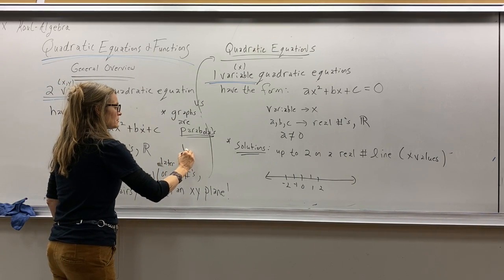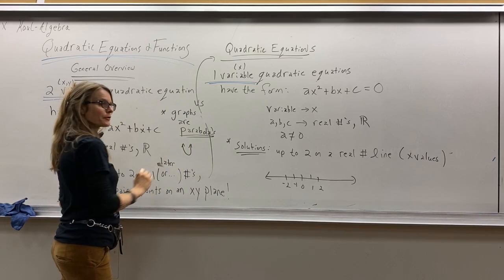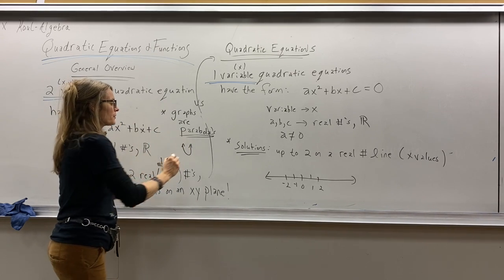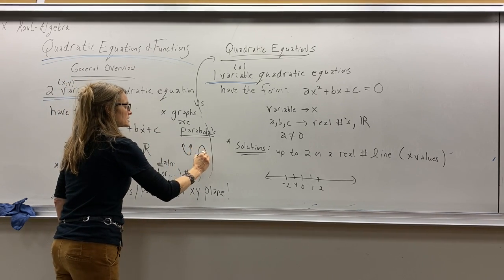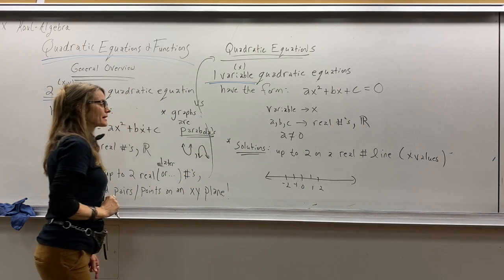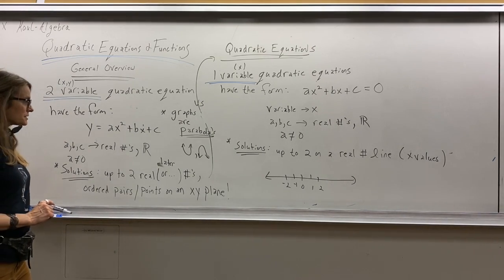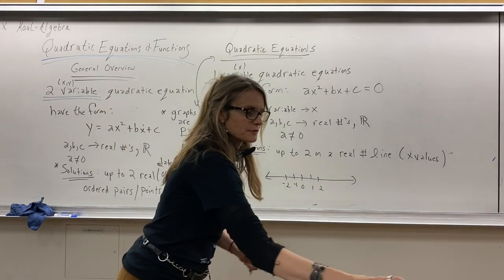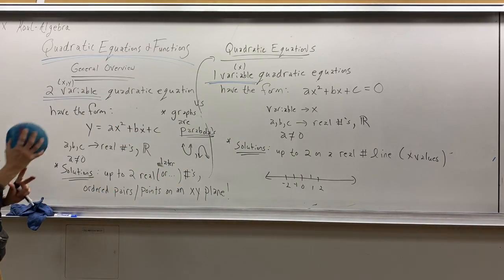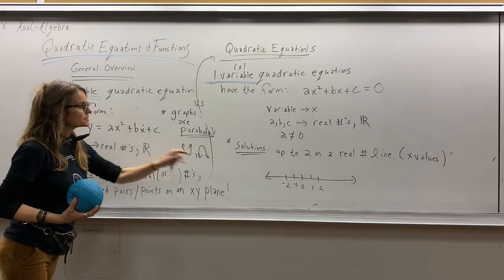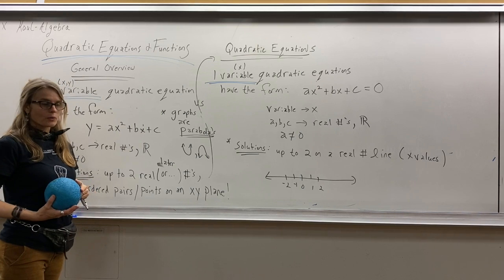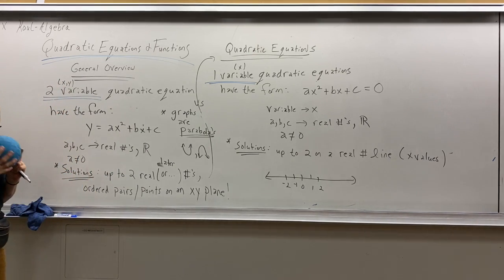A typical parabola looks like a U-shaped graph that's opening upward, or a downward shaped graph. So very interesting features. One quick application that I always use for quadratic equations in two variables is motion, in this case projectile motion.